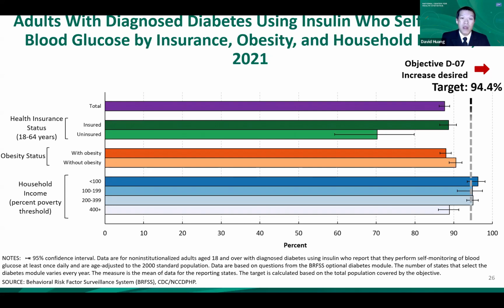Among income groups, adults living in households with incomes that are less than 100% of the poverty threshold had the highest rate, 96.2%, whereas adults living in households with incomes that are 400% or more of the poverty threshold had the lowest rate, 88.9%. Differences by obesity status were not statistically significant. Next slide.